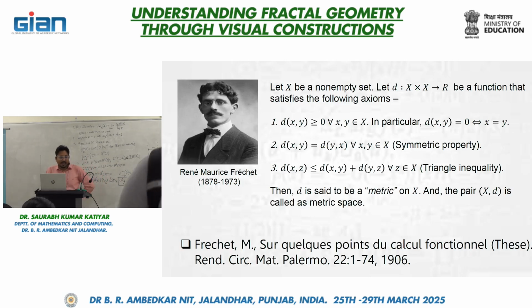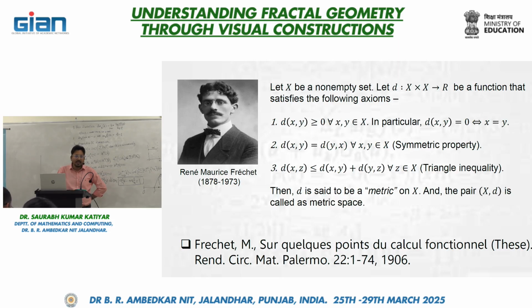After that Frechet came. So already you know that Frechet introduced the definition of metric. This is the preliminary, the definition of metric. Let X be a non-empty set and let d from X cross X to R, you can take R positive also, be a function that satisfies the following axioms. First axiom is non-negativity, d of x comma y is greater than or equal to 0, and d of x comma y will be 0 if and only if x is equal to y.